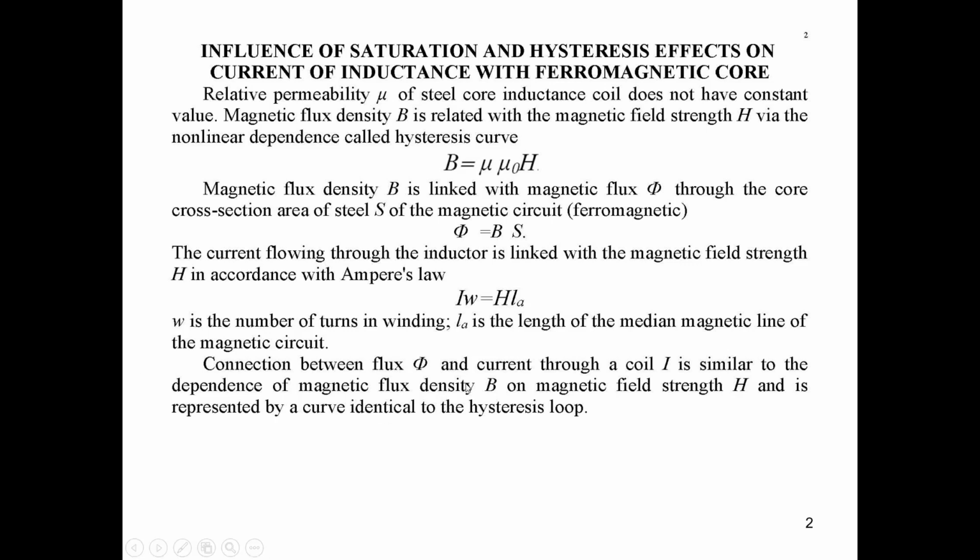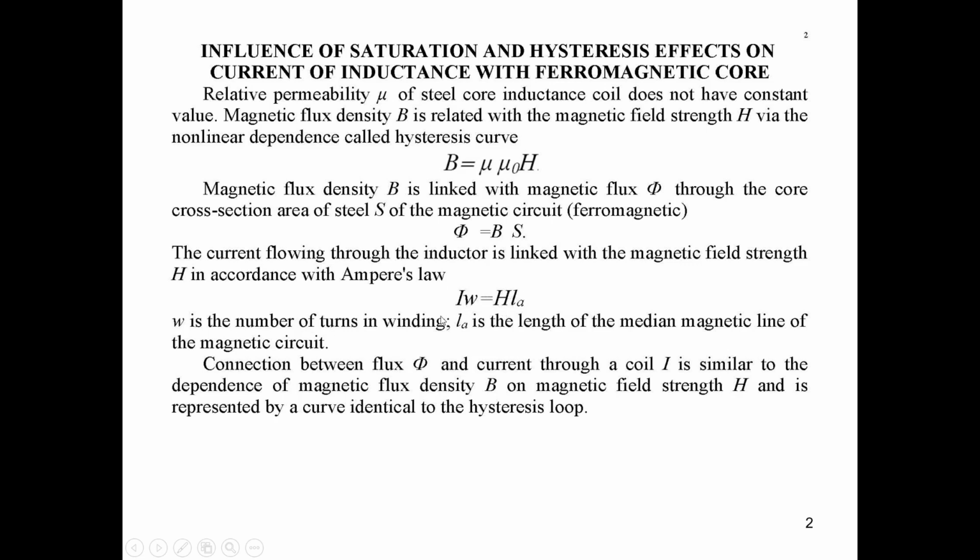We can also write down an equation which connects current and magnetic field intensity. It may be done in accordance with Ampere's law. We know that the current flowing through an inductor and the magnetic field intensity H can be connected in such an equation: I W equals H multiplied by l a.